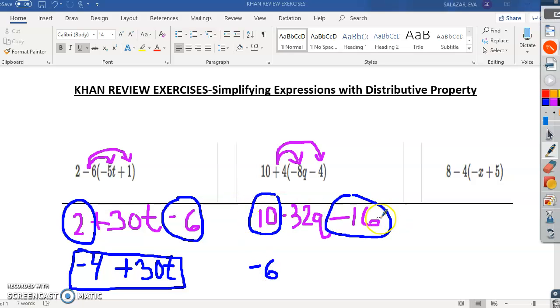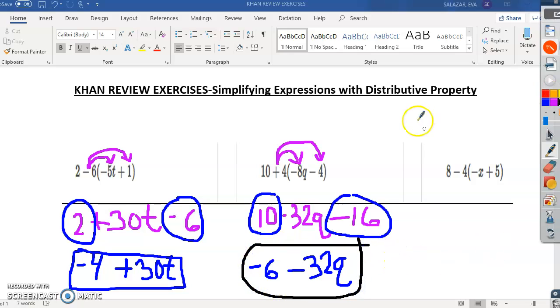Again, different signs, you subtract, and your answer is negative because the absolute value of negative 16 is 16, and that is greater than 10. And just bring down your minus 32q. And once again, that is your final answer.